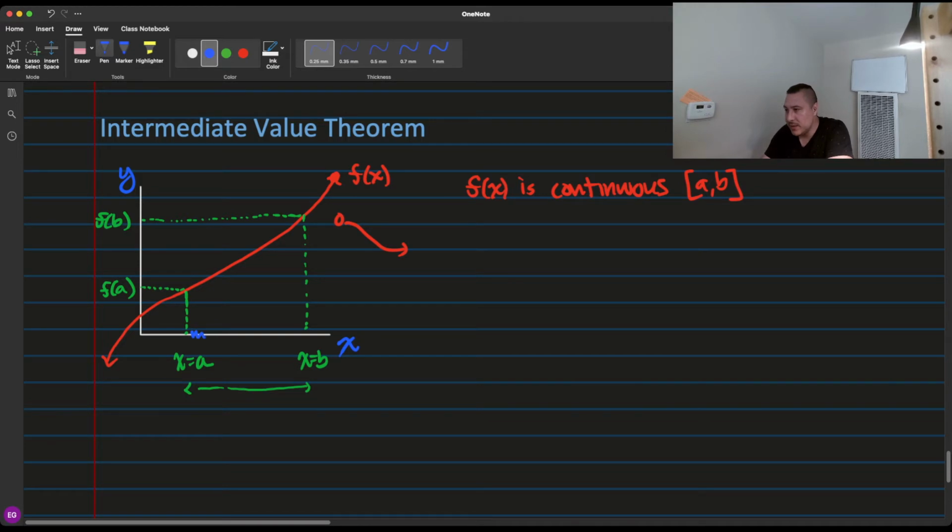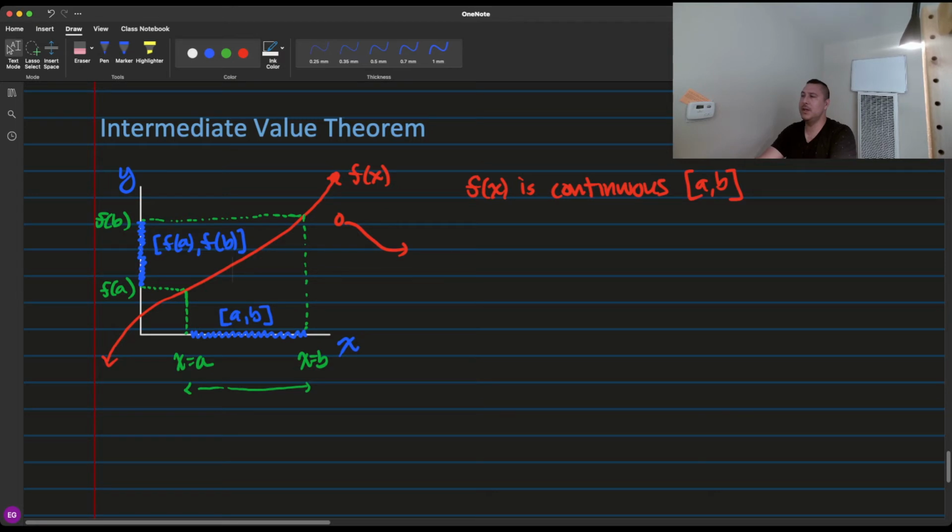There's the interval on the x-axis between a and b, that is bracket a comma b. And then there's another interval on the y-axis between those two y values, that's bracket f of a comma f of b. So you have these two different intervals.